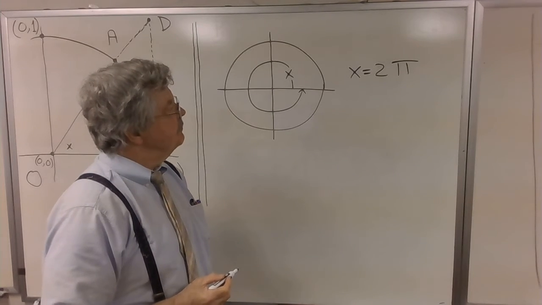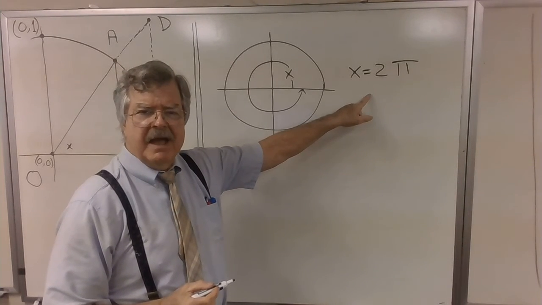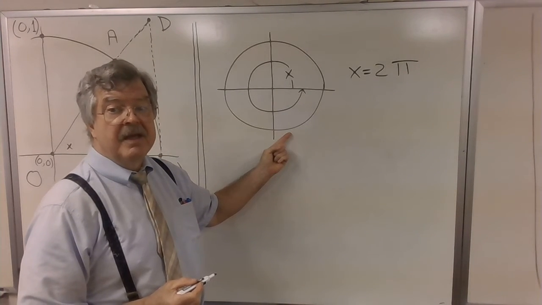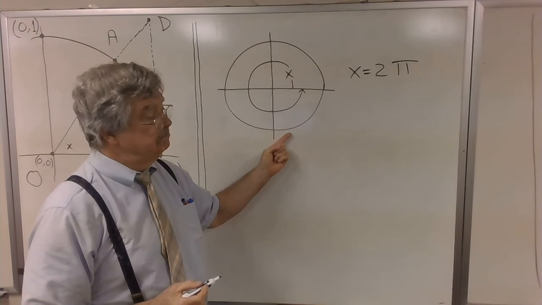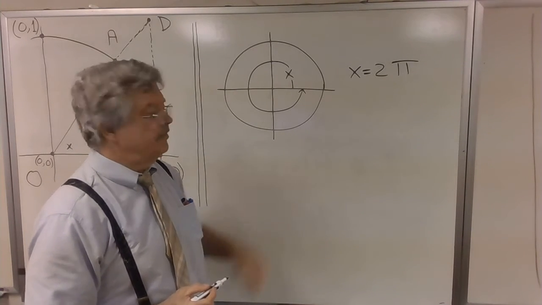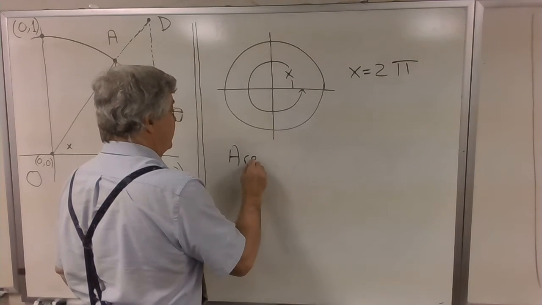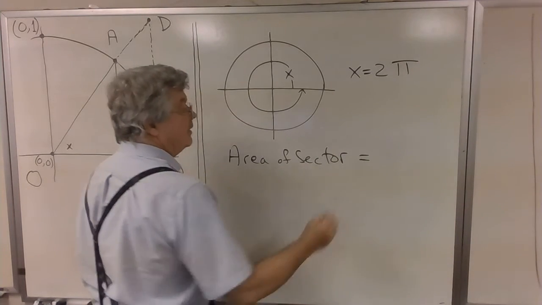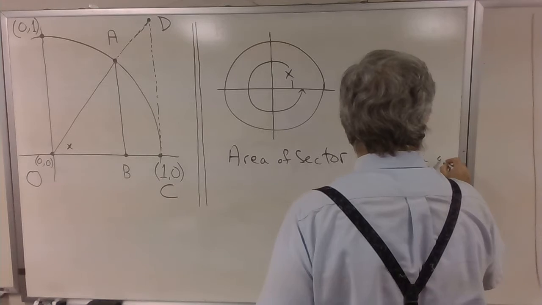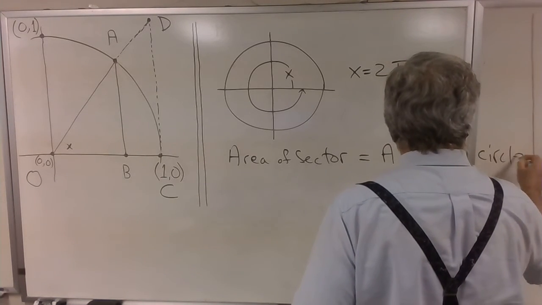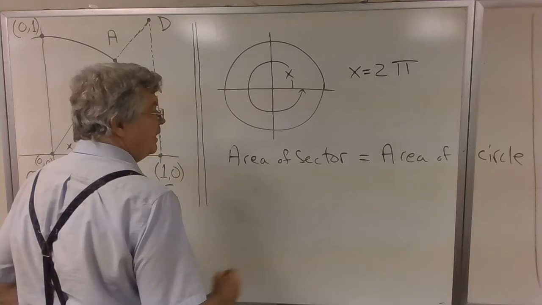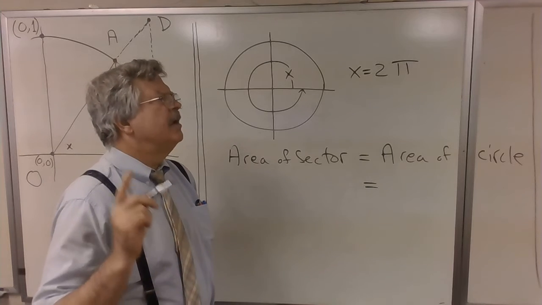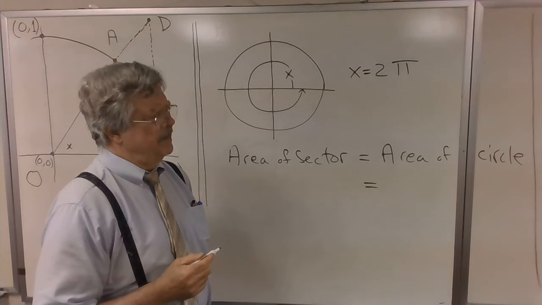The sector of the circle that corresponds to this angle, 2 pi, is the entire circle itself. In this case, the sector is the entire circle. So the area of the sector is going to be the area of the circle, and the area of a circle is pi r squared.